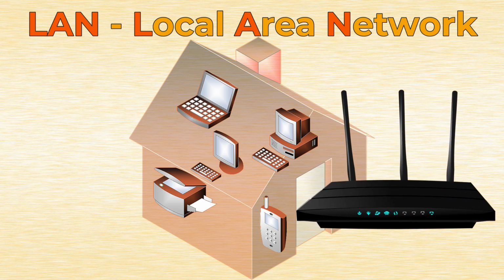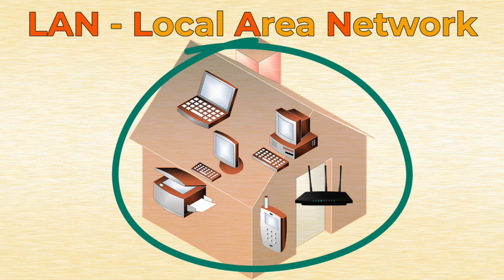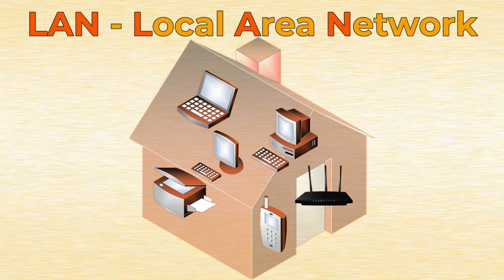So our phone, our laptop, smart TV, wireless printer, if they are all connected to the same device that our service provider gave us, and if we didn't change any configuration on that device, then all our devices at home create what is known as a local area network. And if we configure our devices to be visible on that local network, then all those devices in our home can see each other and they can communicate with each other. And that is LAN, Local Area Network.